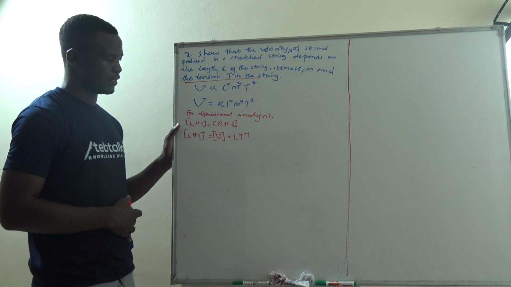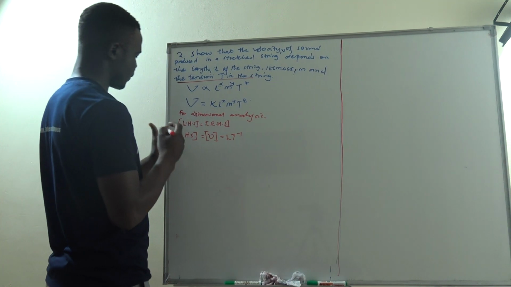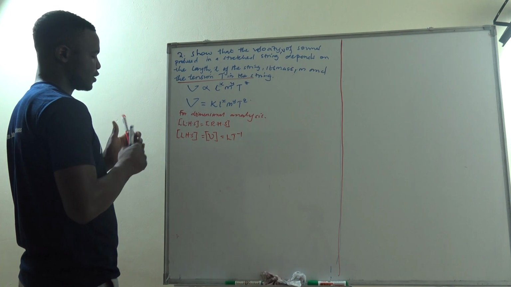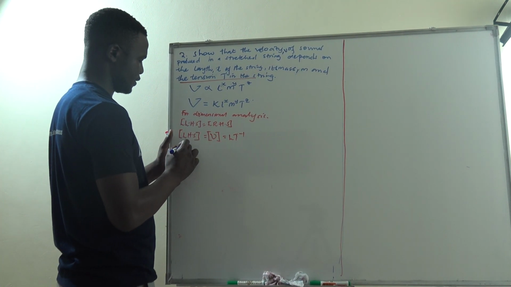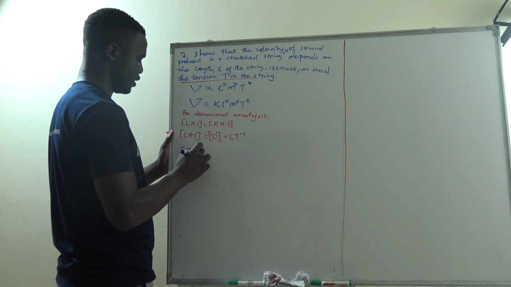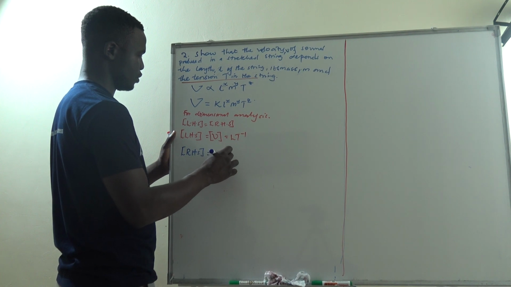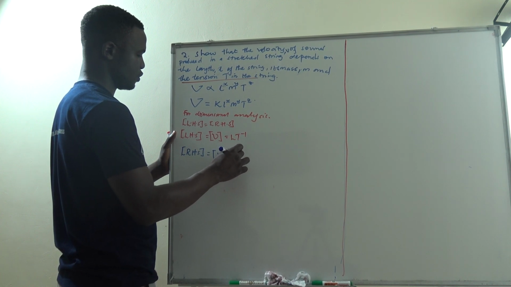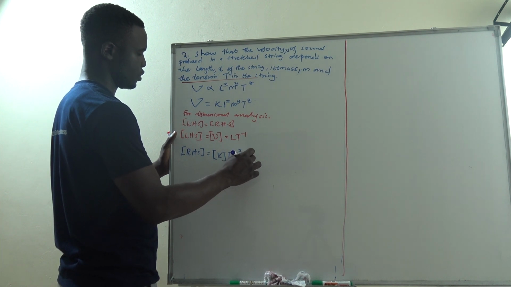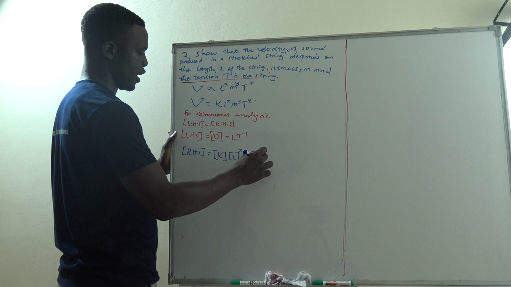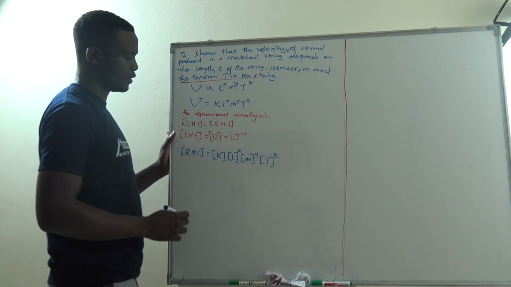Now, the dimensions on the right hand side are equal to dimensions of k times dimensions of L power x times the dimensions of m power y times the dimensions of tension power z.